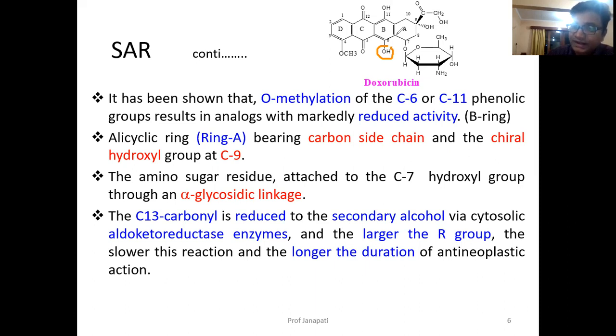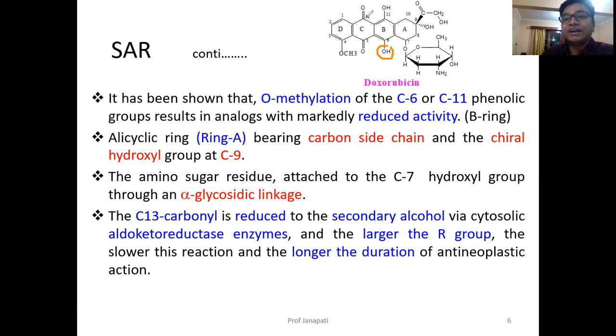Now, ring A bears a carbon side chain and a chiral hydroxyl group. This is what we are discussing. Now at the 7th position, there is a glycosidic linkage which is attached. Now at the 13th, carbonyl group reduction to alcohol.